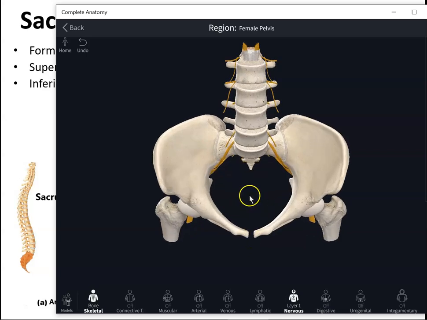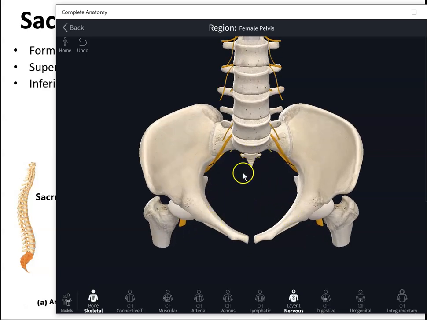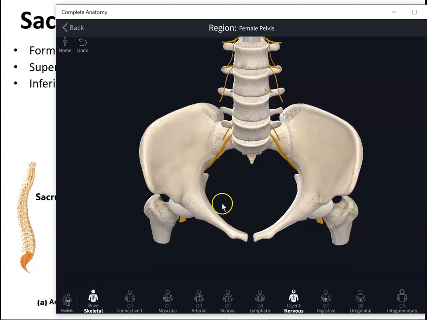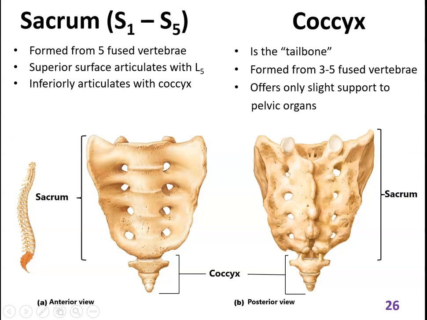So the female pelvis is much more open, and the coccyx is actually more posterior to make a bigger space here. So there's that. That's the majority of how I think of the coccyx. It is one of the things that would prevent a male from giving birth. One of many, many, many, many things that would prevent a male from giving birth.